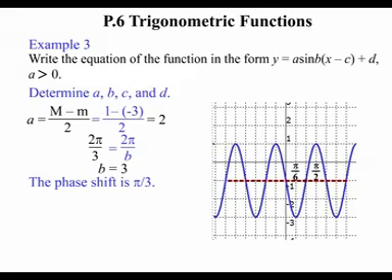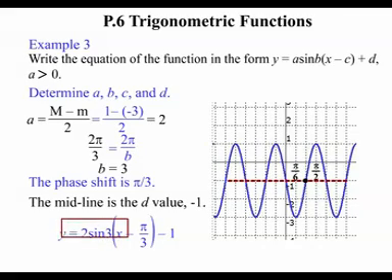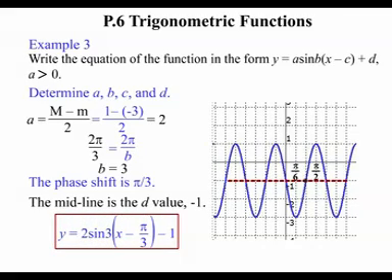It's not going to be the point on the midline on the y-axis because that's going down. Sine starts going up. So our phase shift is pi over 3. And the midline is the d value, which is negative 1. So we can just plug all our values for a, b, c, and d into our equation, and you've got your sine function in this case.